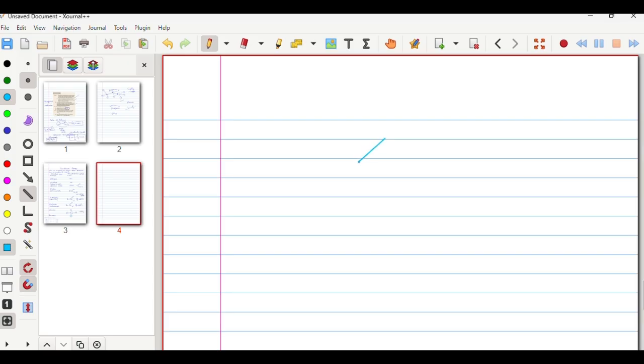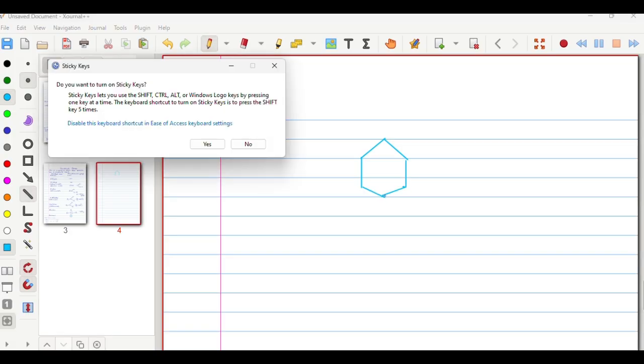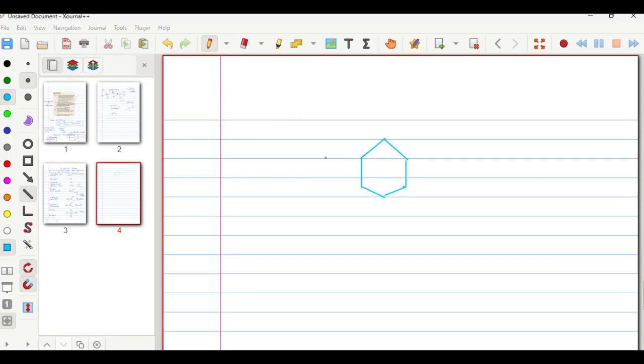Okay, so this is the first line, the second one, another two carbon atoms, and then we have this, and then we have the last one, and then we have a ring.